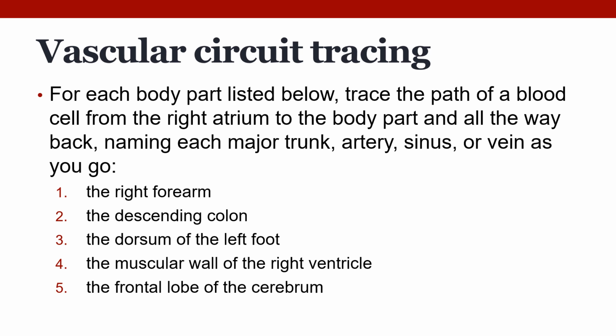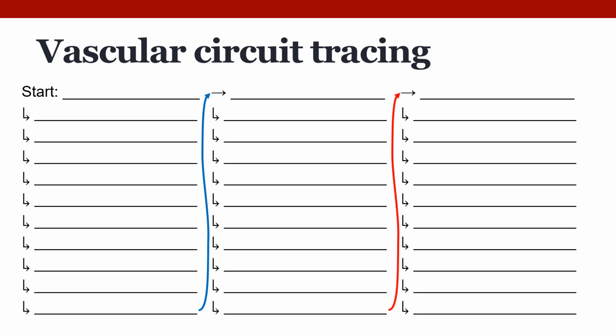Or rather, what if we started from the right forearm and traced the blood back through the heart and back to the right forearm? Well, we'd start obviously coming back to the heart, so we'd start in the venous system.